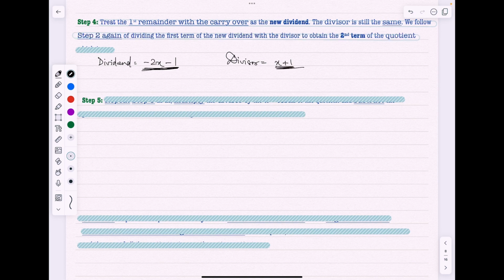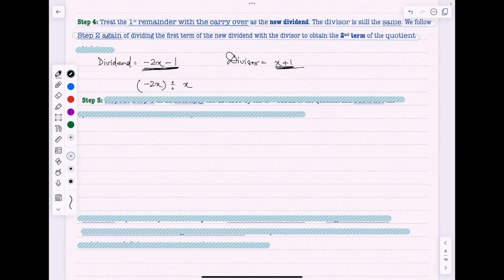We follow step 2 again of dividing the first term. What is the first term of the new dividend? First term of the new dividend: minus 2x. Divide it with the first term of the divisor. What is the first term of the divisor? It is x.